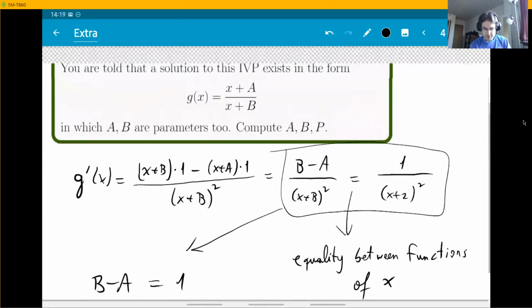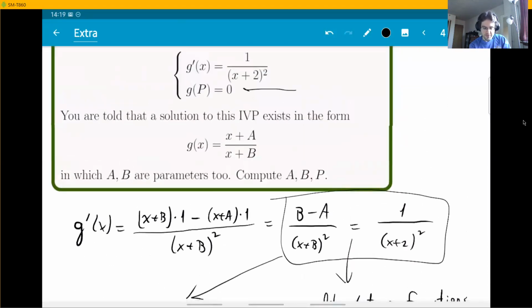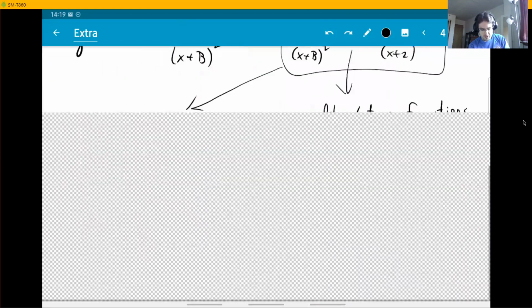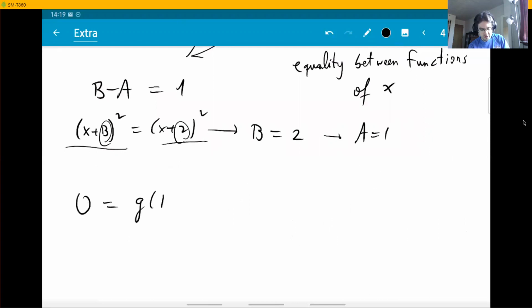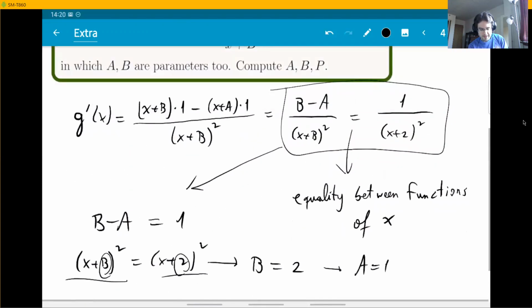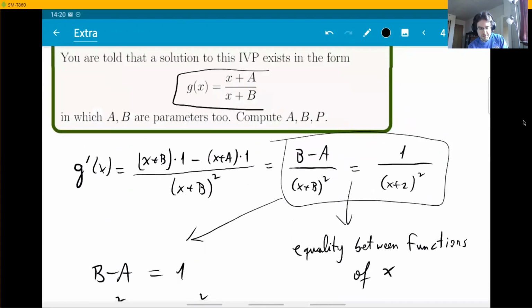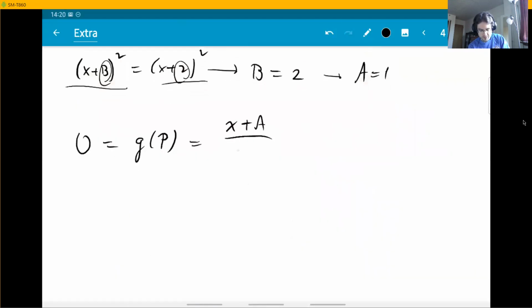One other piece of data that we have from the IVP is that g of p is 0. So 0 is the value of g of p, but the function g is, let me go back. Right, sorry, it's x plus a divided by x plus b. This is the function. I'm going to replace the numbers. Oh, sorry, let me erase this.